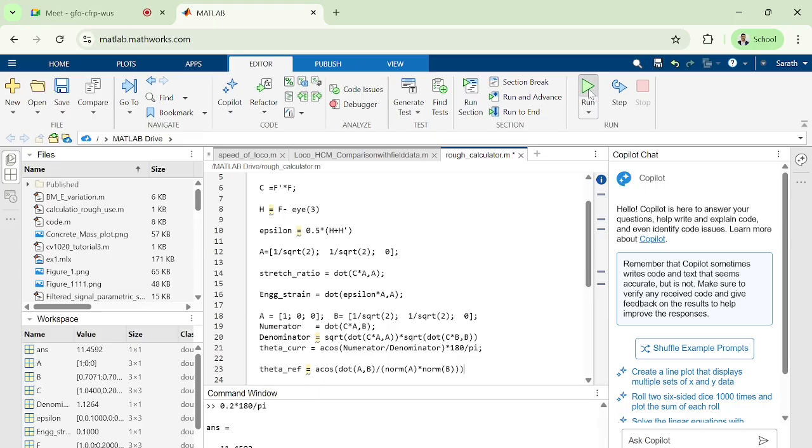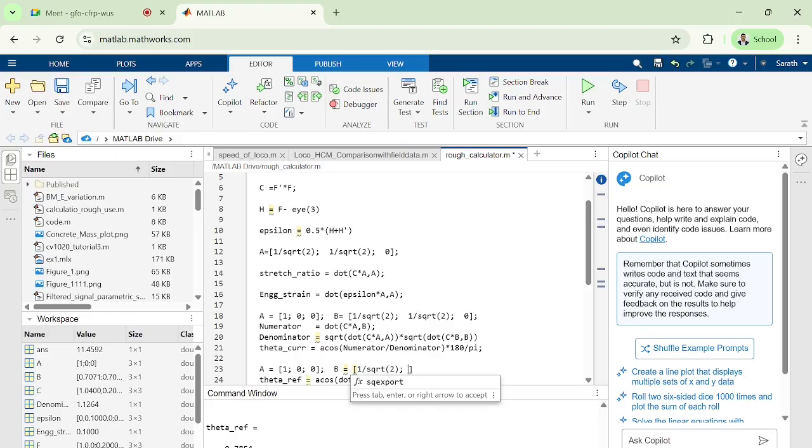So this is theta ref. By the way, what is A and B? For this particular problem, A is 1 0 0, and B is 1 by square root of 2, 1 by square root of 2, and 0. Okay, so A and B.